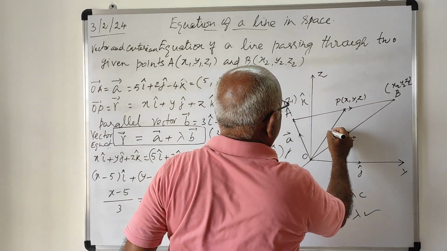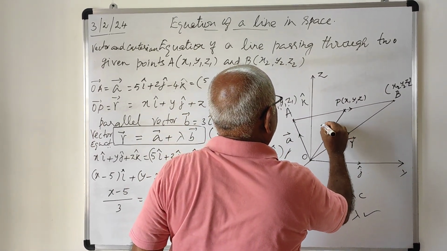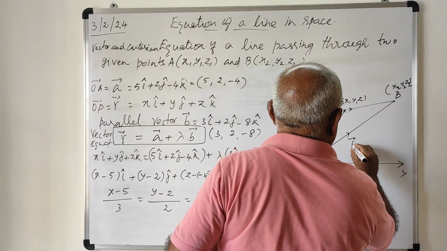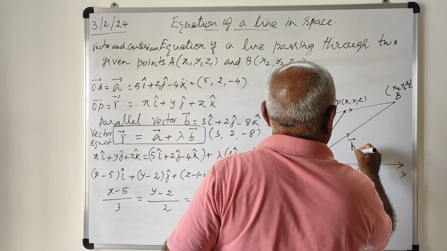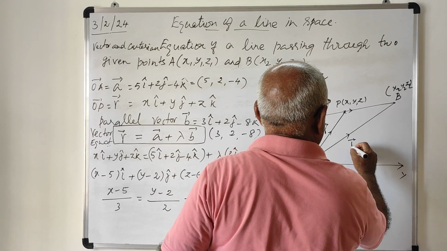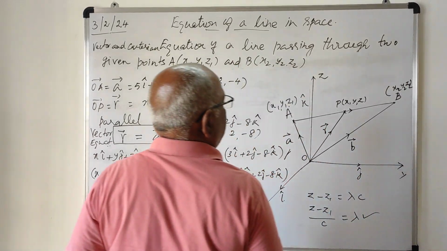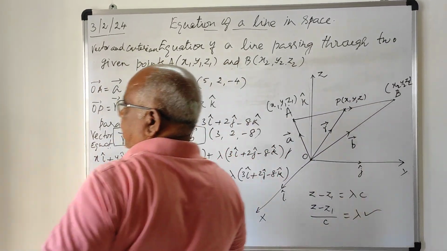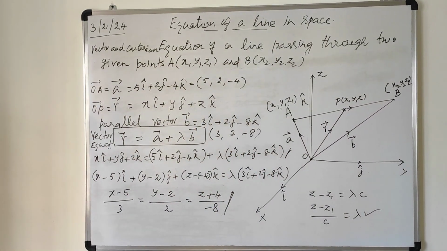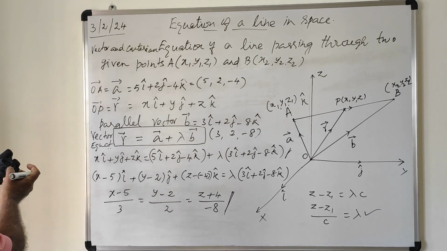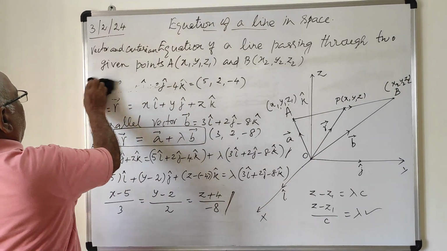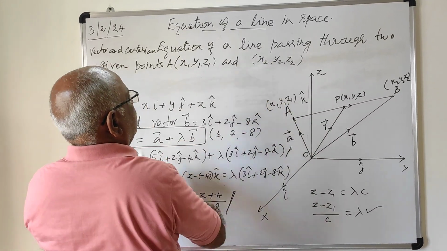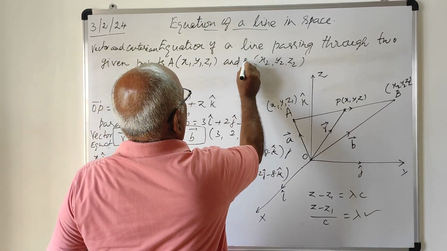This OP vector is R vector, OA vector is A vector, and OB vector is B vector. So we have to find the vector equation of the line passing through the two given points A and B. Point A is x1, y1, z1 and point B is x2, y2, z2.